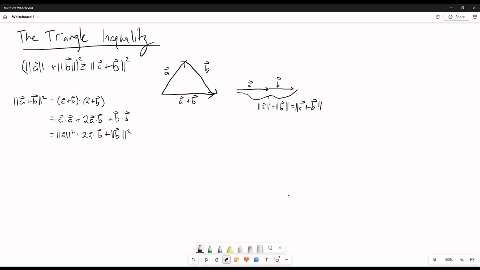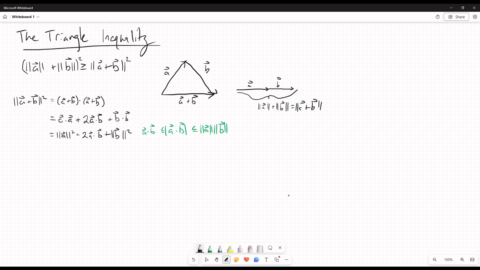So we know from the Cauchy-Schwarz that the absolute value of a dot b is less than or equal to the norm of a times the norm of b. And you might not have thought about this, but you can easily convince yourself it's true that adding absolute value signs will only ever make this thing bigger, because if it's negative, then it's definitely smaller than whatever this positive is.